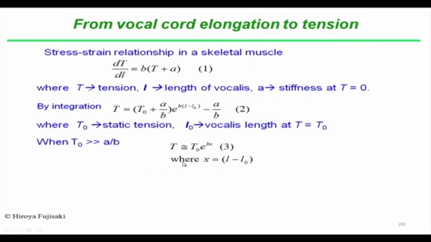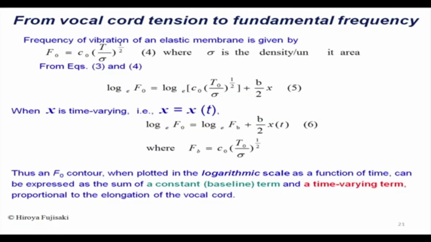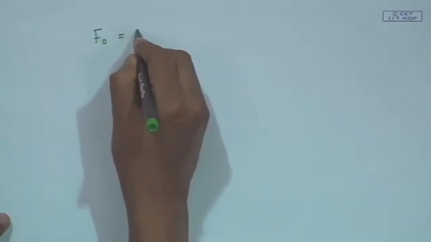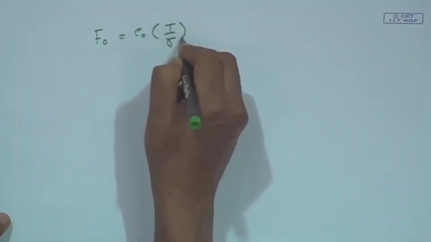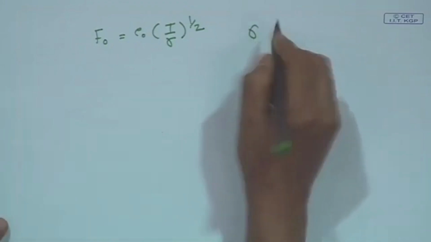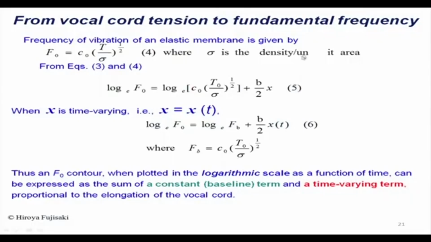Now, the frequency of vibration of an elastic membrane, F0, depends on C0 into (T by sigma) to the power half, where sigma is the density per unit area.